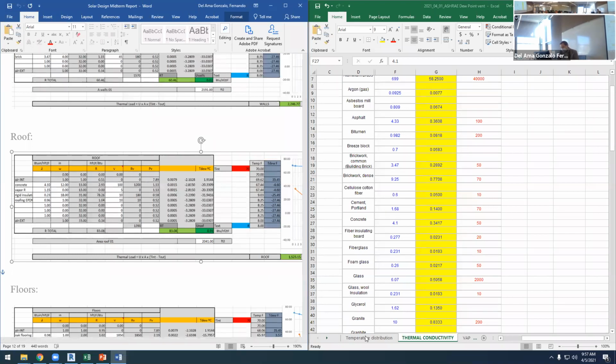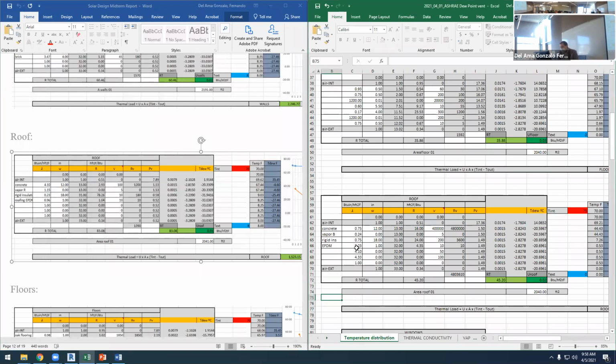Okay. So this is 0.96. The rigid insulation is 0.23. The vapor barrier can be 1 or whatever, doesn't matter. And then the concrete is 4.1. Okay, if you use Revit, because we are analyzing Revit, and in Revit we have materials, we can do that.